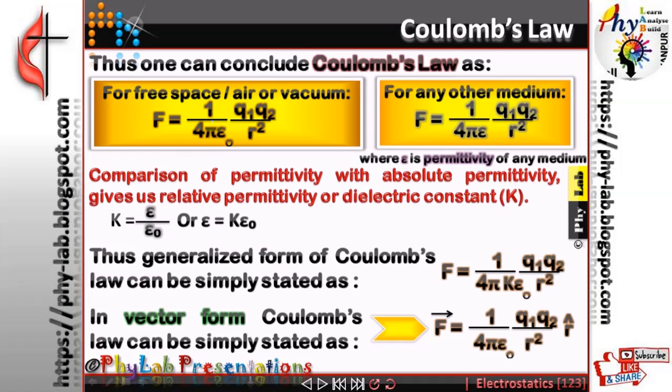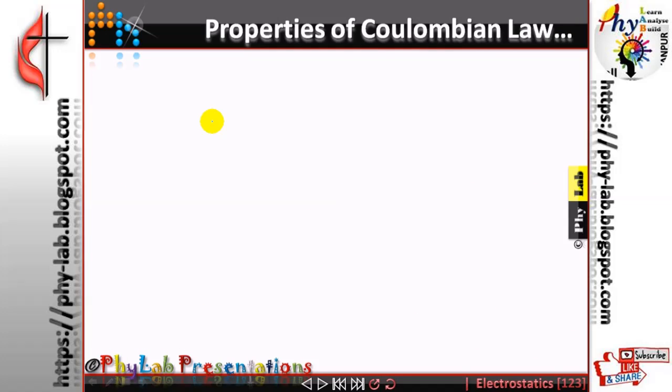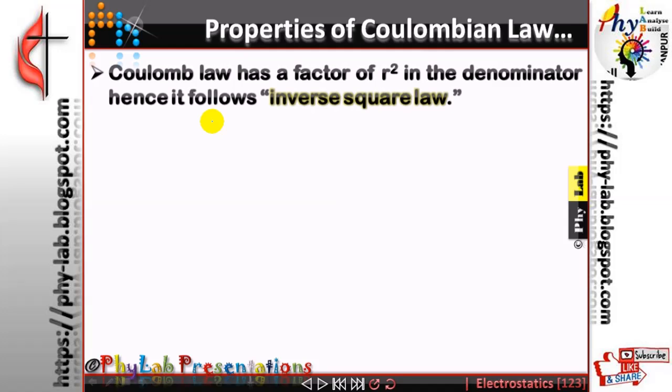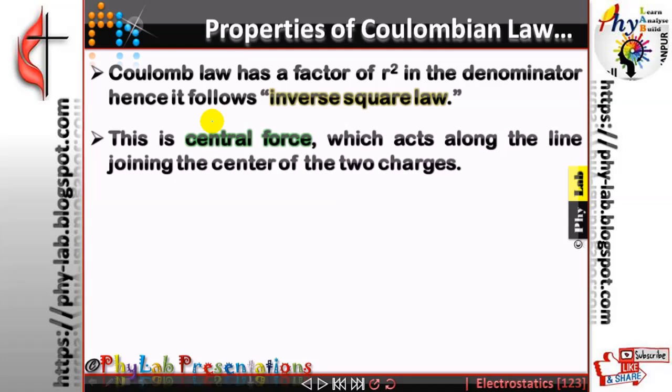Coming back to our discussion point, what are the properties associated with Coulomb's law? The first property is that since Coulomb's law has an r square factor in the denominator, it is always referred to as the inverse square law. As I just told you, it's an example of a central force. That simply means the force of attraction or repulsion will act along the line joining the two charges.